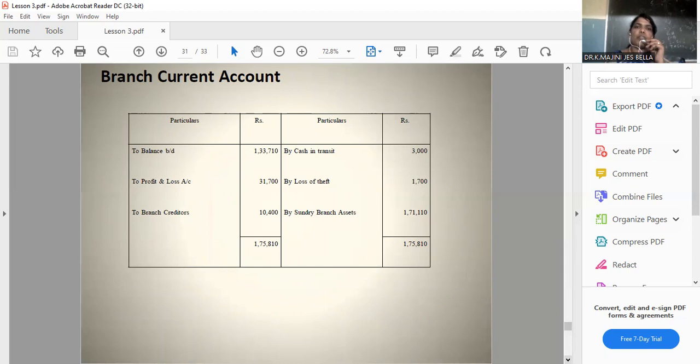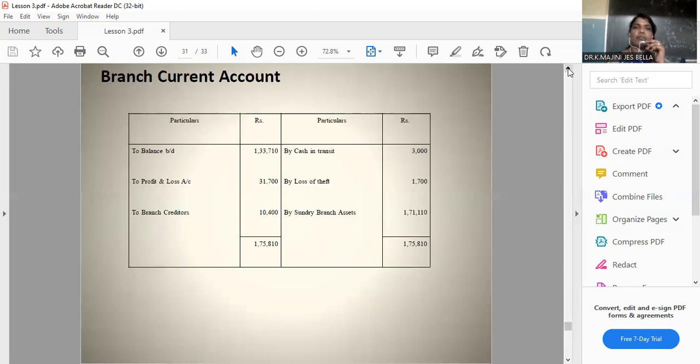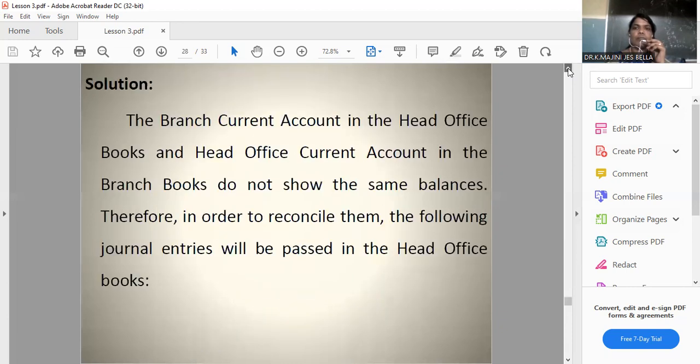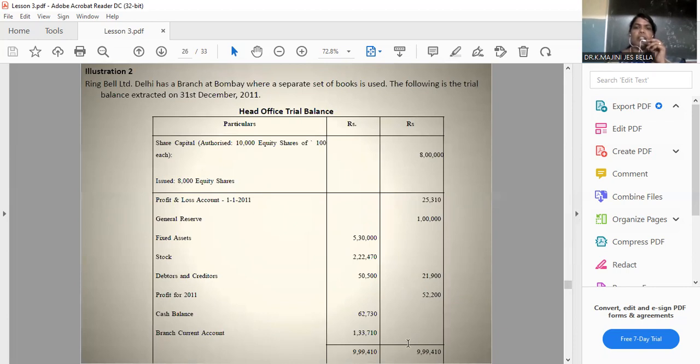Next, we can move to the branch current account. Put 2 columns on the debit side and 2 columns on the credit side: particulars column and amount column on each side. On the debit side, you write to balance BD. How much is the balance? One lakh 33,710, right?